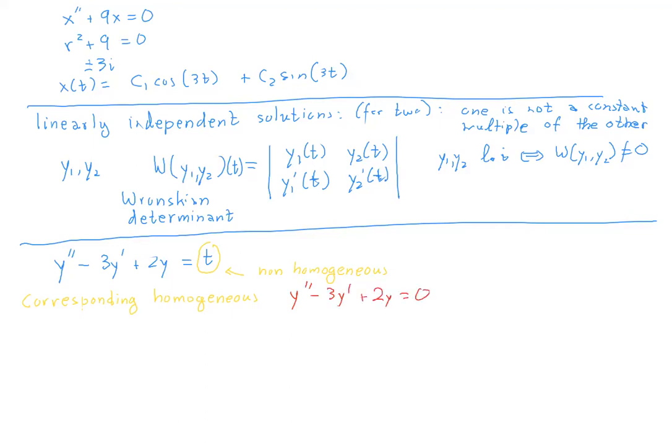So you just replace the function that you have on the other side with the 0 function. Okay. So when somebody gives you a non-homogeneous equation, the first thing that you always do is you find the solution of the corresponding homogeneous equation. So what would be the solution of the corresponding homogeneous equation?